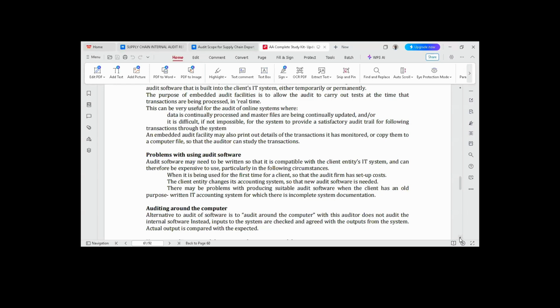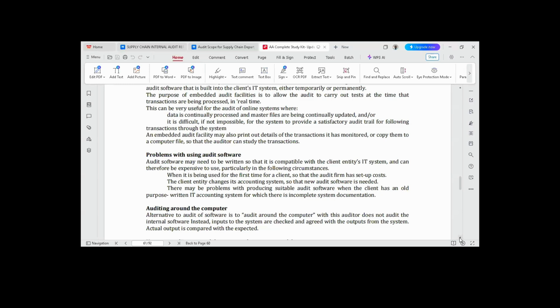Audit software is mostly used for test of detailed transaction and substantive procedure. However, test data is mostly used for test of control. You use test data for test of control. So what does that mean?